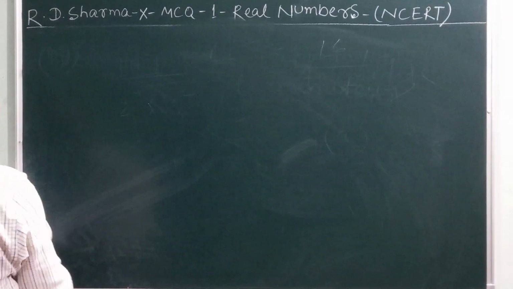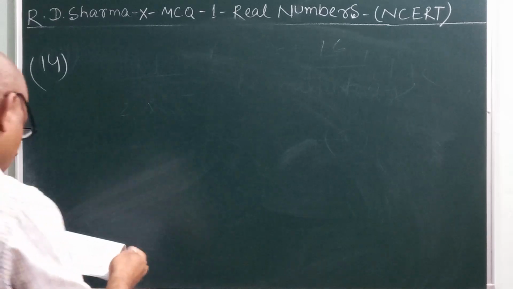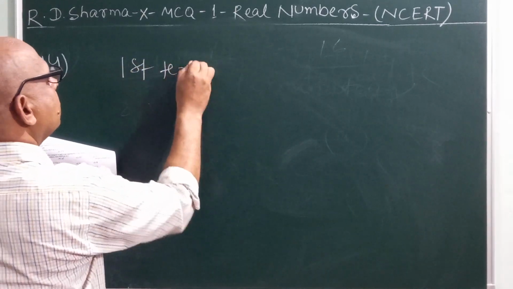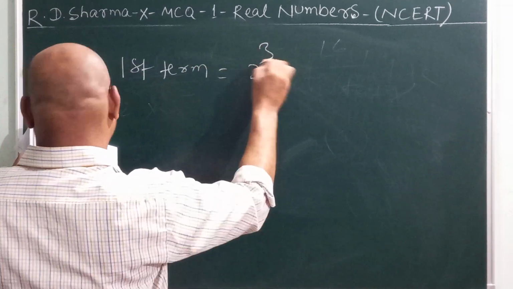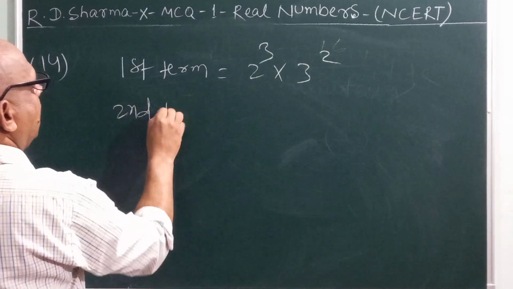Next, 14. The LCM of 2 cube into 3 square, first term, and 2 square into 3 cube, second term.